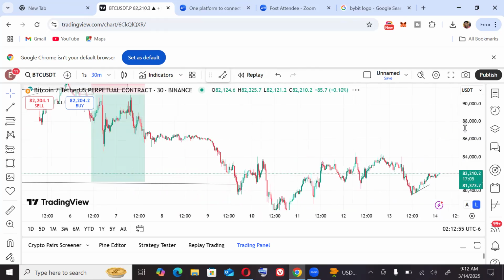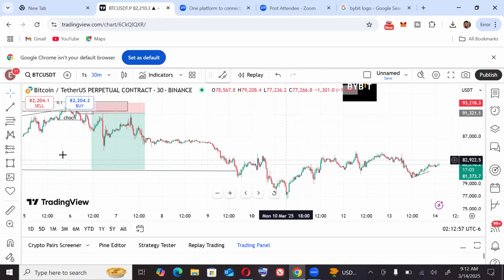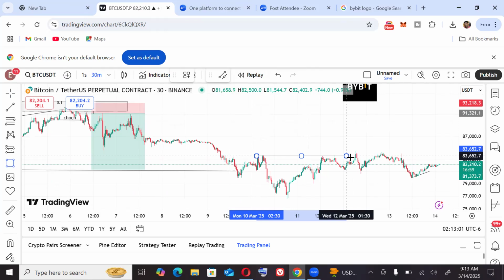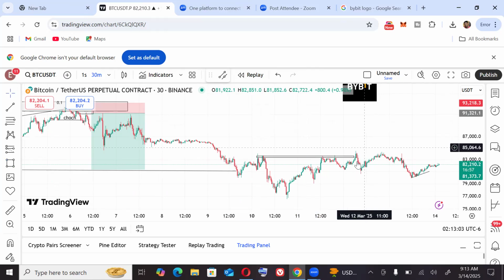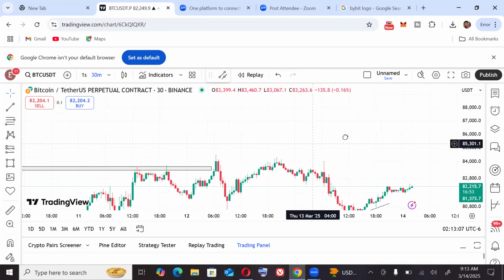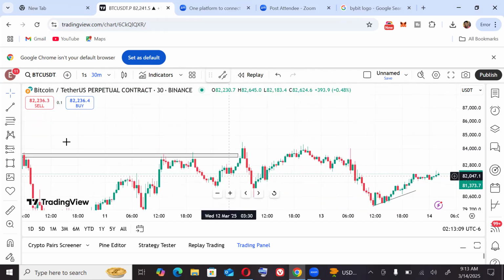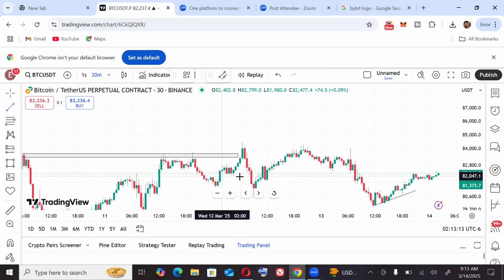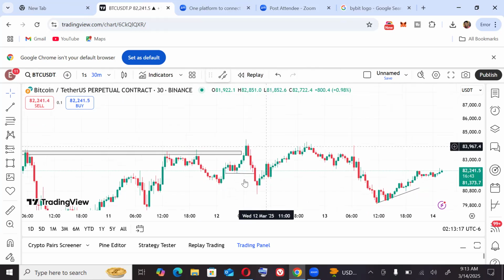But here's a big buy, all the same, a big buy that broke structure. Voila, this is it. Big buy, big sell, broke structure.